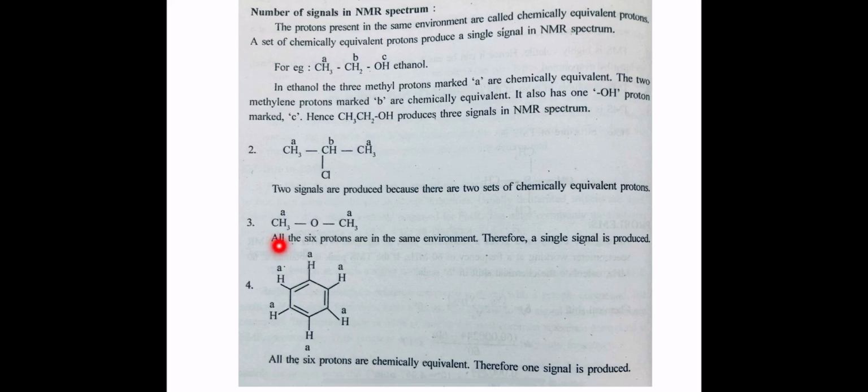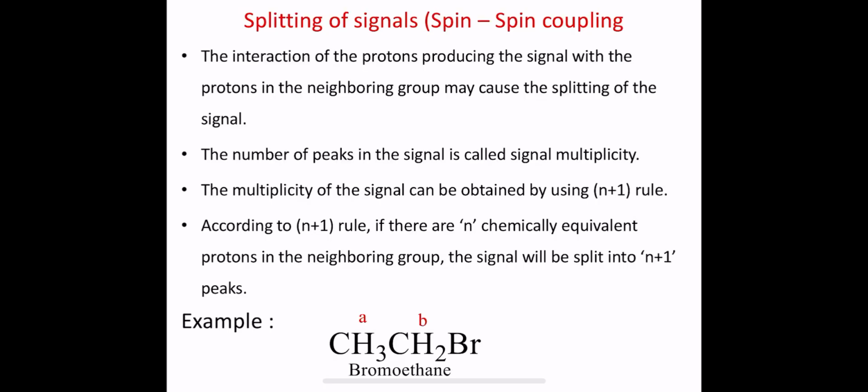In the same way, for this compound all the 6 protons are in the same environment, so we are going to get a single signal. And in this compound as well, all the 6 protons are chemically equivalent and therefore one signal is produced. In this way we calculate the number of signals in an NMR spectrum.